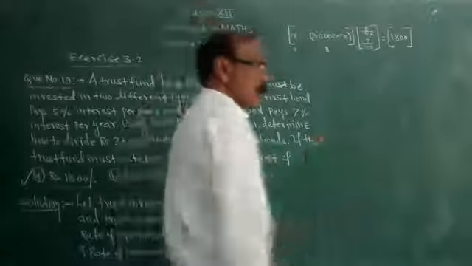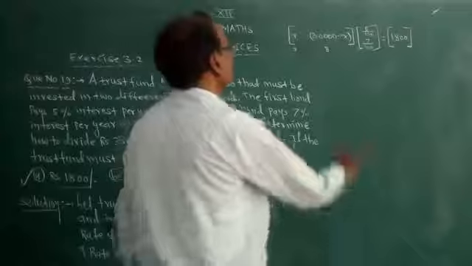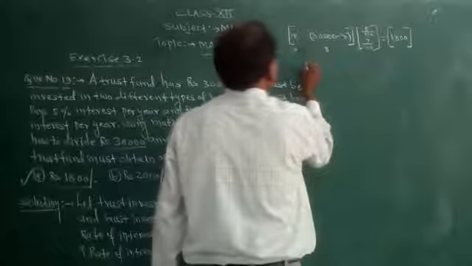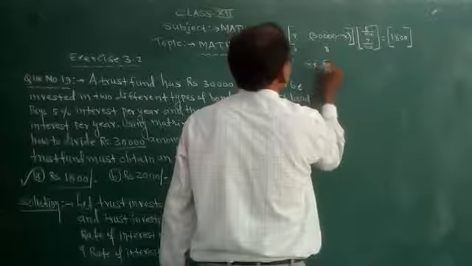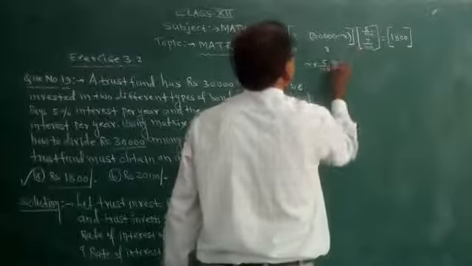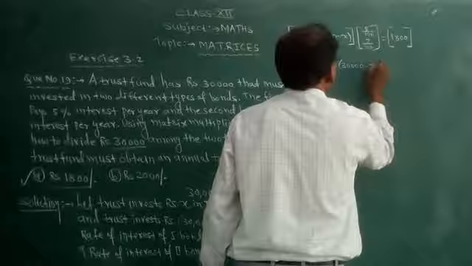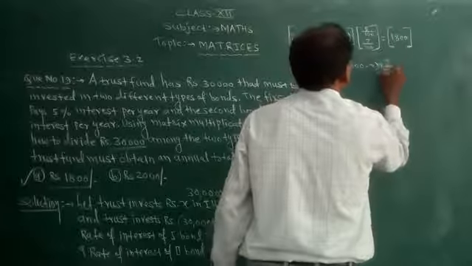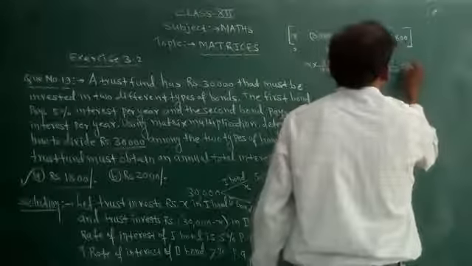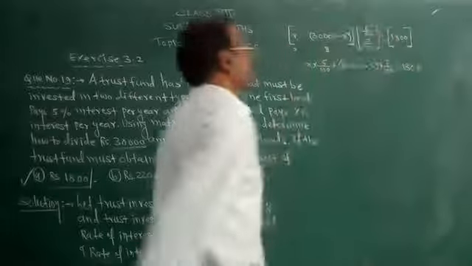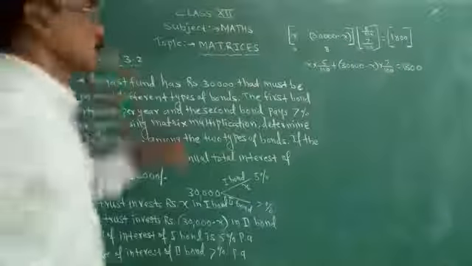What is X and what is 30,000 minus X? So X into 5 upon 100 plus 30,000 minus X into 7 upon 100 equals to 1800. This way. Now solve it.